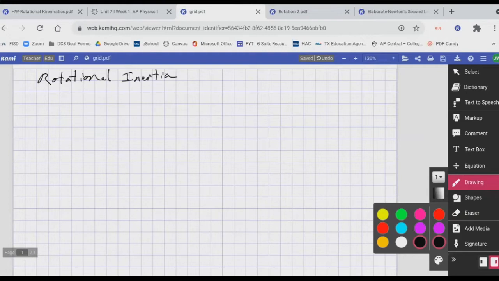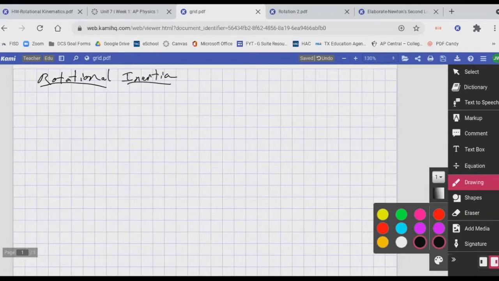Okay, so if inertia is a resistance to change in motion, what's rotational inertia? Resistance to change in rotation? Okay, I like it, but I don't like using the same word that's in the definition as what you're defining. So you're right there, but I'm just going to use a slightly different term.